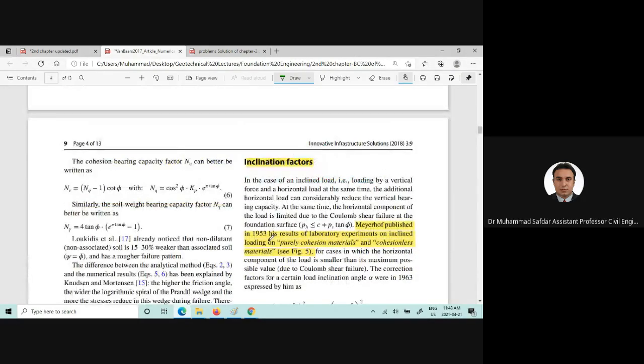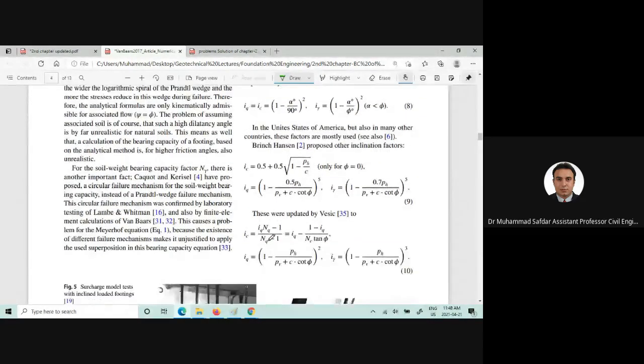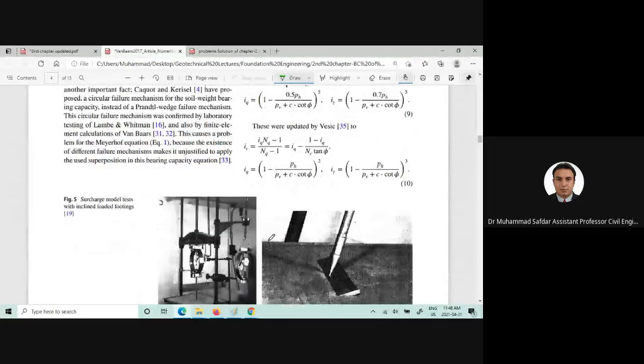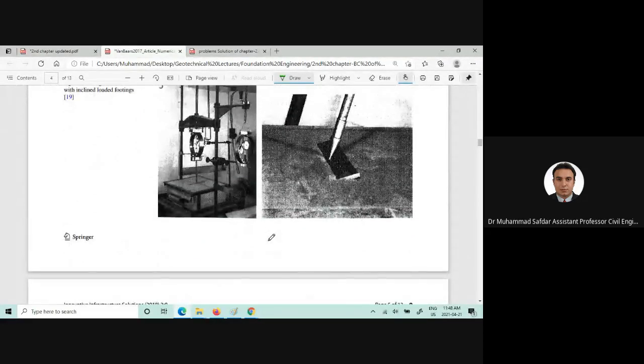Now, changing the inclination factors, what are the equations to use to find out the inclination factors? Meyerhof performed model tests in sand, in cohesive and cohesionless soils, in both cases. For example, he changed the inclination of the load.